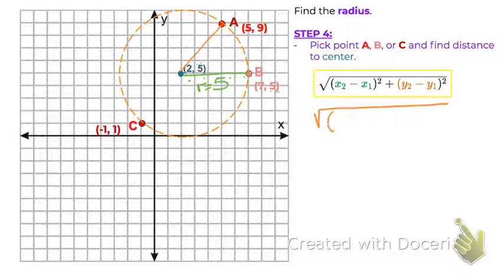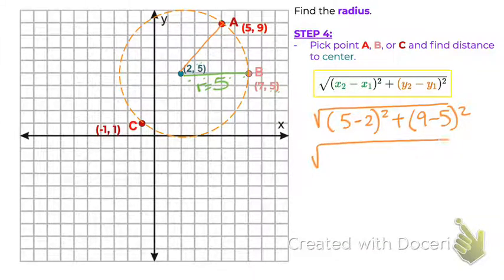So the difference between my x's, 5 minus 2 squared, plus the distance between my y's, 9 minus 5 squared. And then you just start simplifying. So always do what's in the parentheses first. 5 minus 2 is 3. 9 minus 5 is 4.